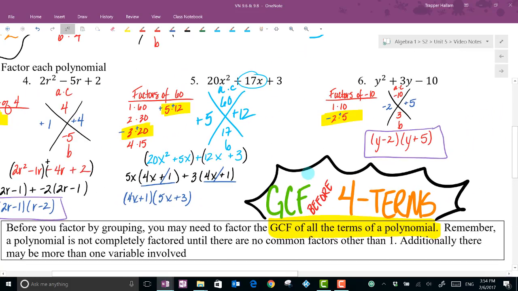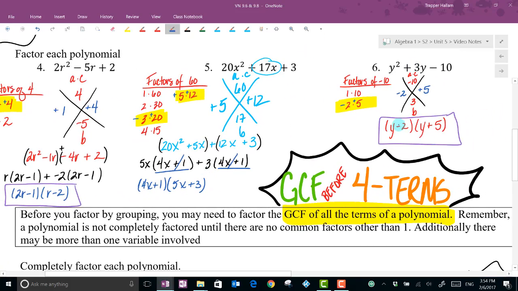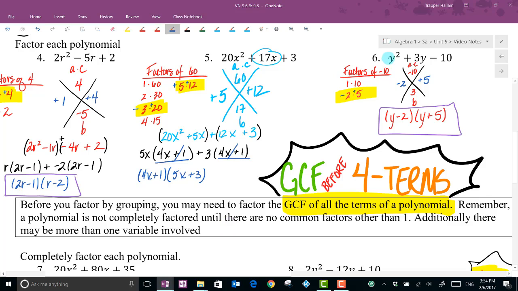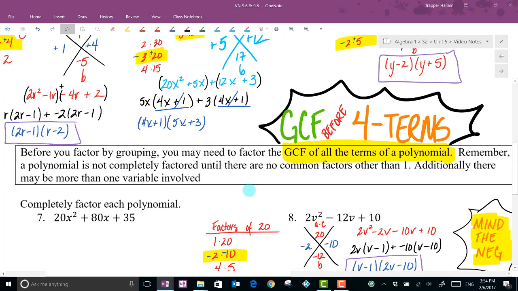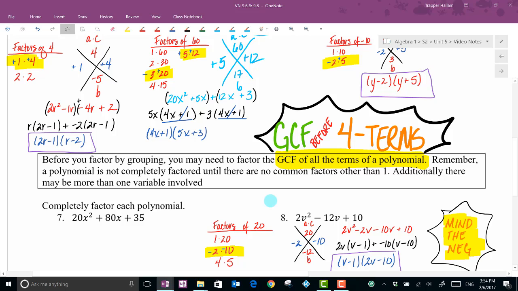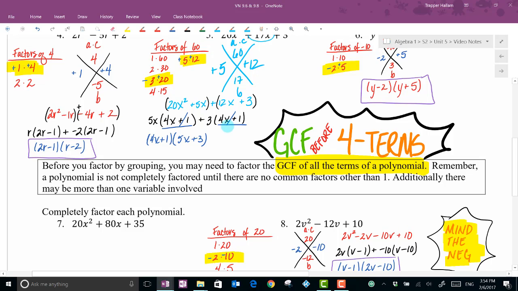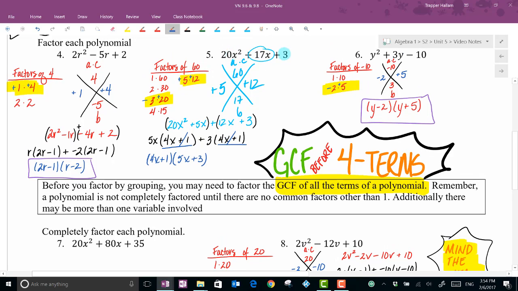All right, so this example over here, that's just another one to show you how we go back to an a value of 1. But we have talked about something kind of important here. The one thing that I haven't addressed in here yet is that we're not talking about GCF before we go to 4 terms. So far, all of the quadratic trinomials that we've done have not had a GCF. So let's do one.